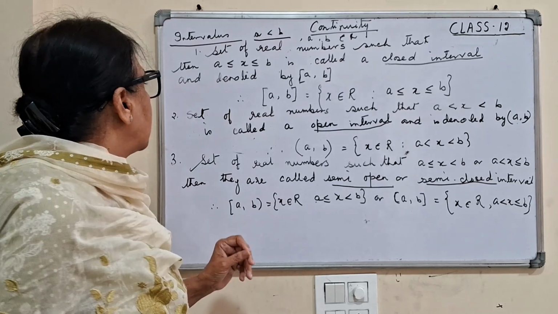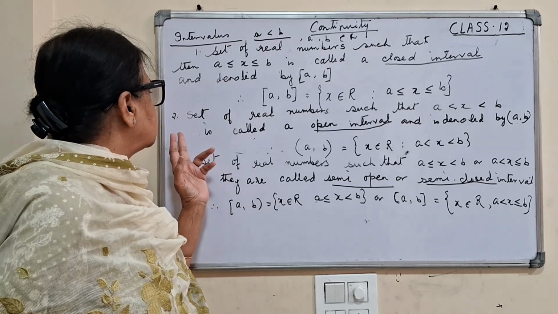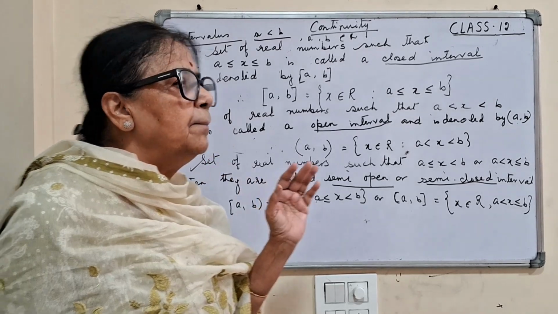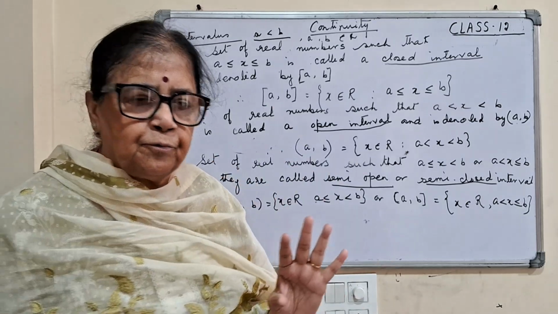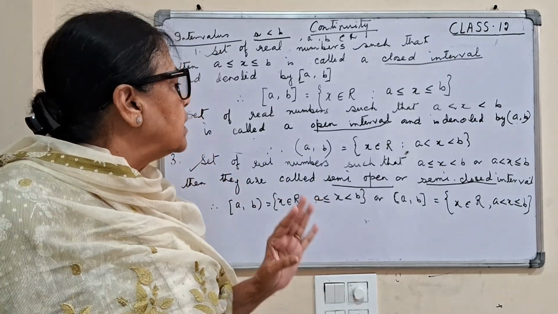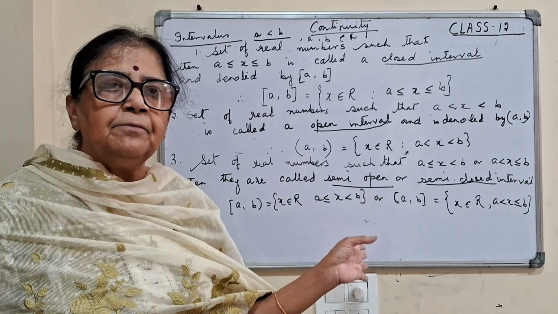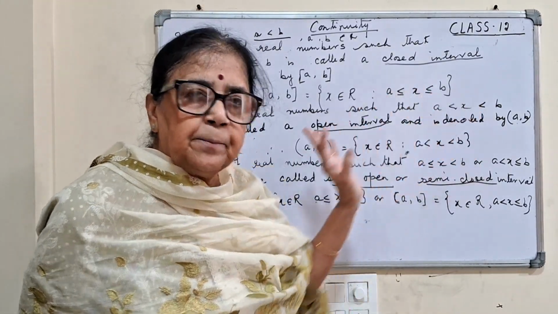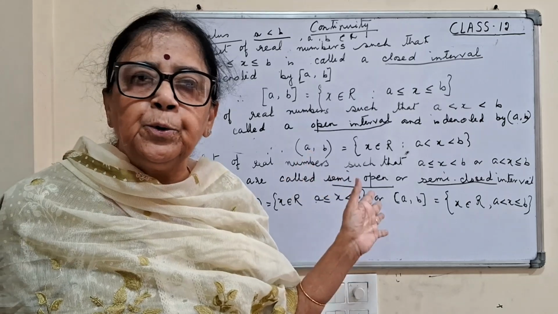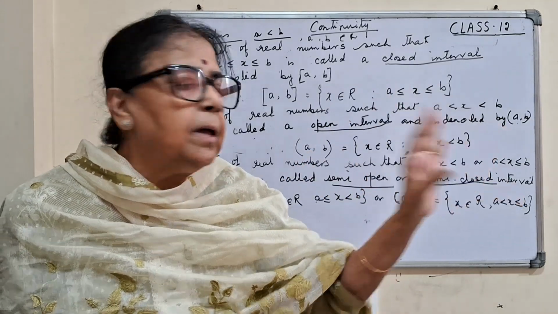Then the set of real numbers such that a < x < b is called an open interval. That means the equal signs are not there. That means x is not equal to a, x is not equal to b.